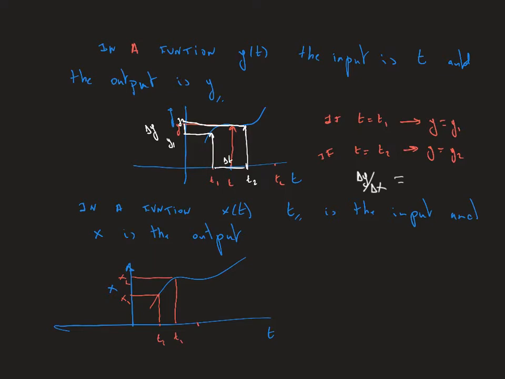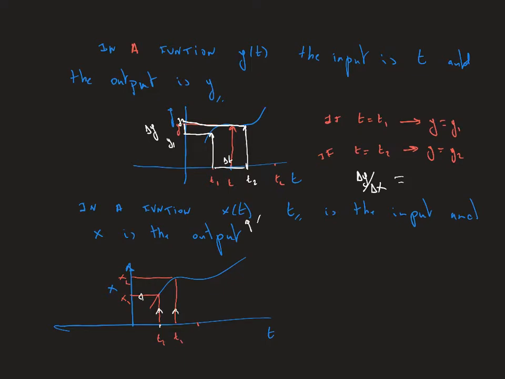So imagine now that my function is not y of t, it's x of t. t is the independent variable, the input. In this case, x is the output. What I want to find is delta x divided by delta t. So suppose that you are at this t1, it would produce an output that will be x1.